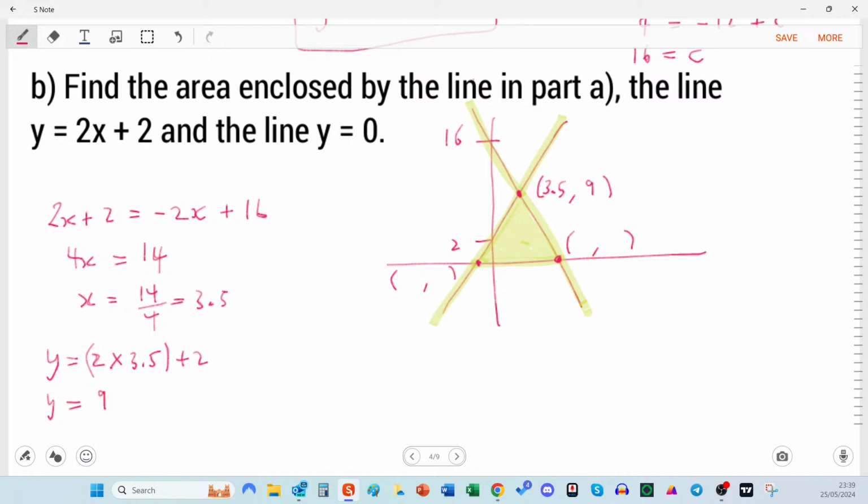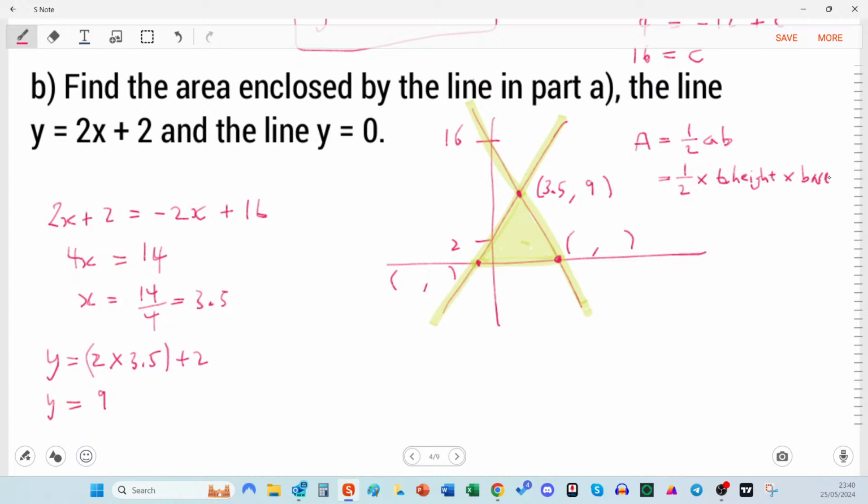That's really useful. So let's remind ourselves of the area of a triangle. That's a half AB. A half times the perpendicular height times the base.